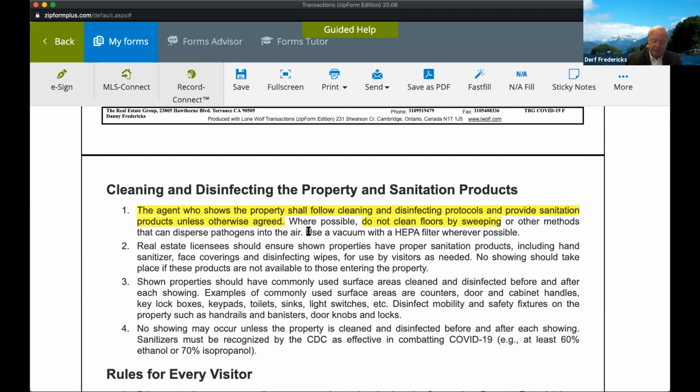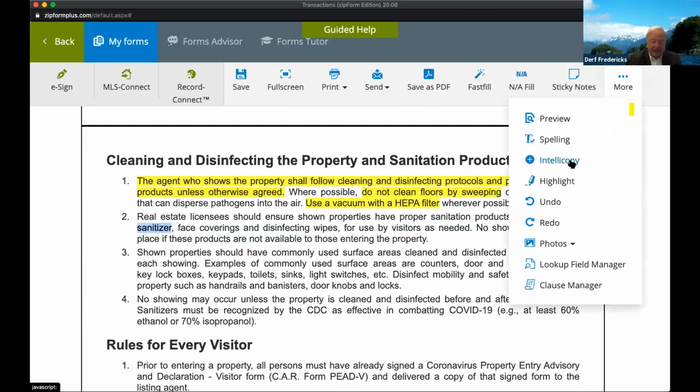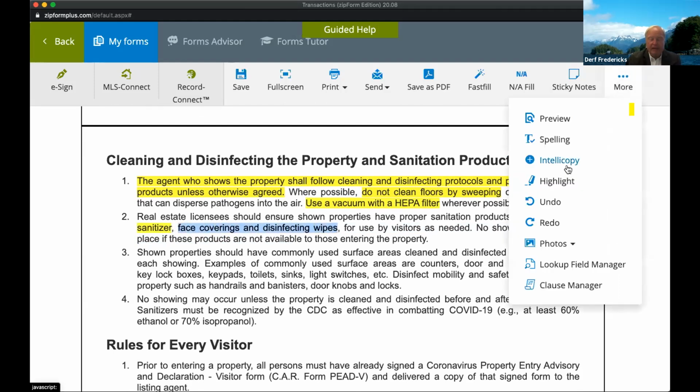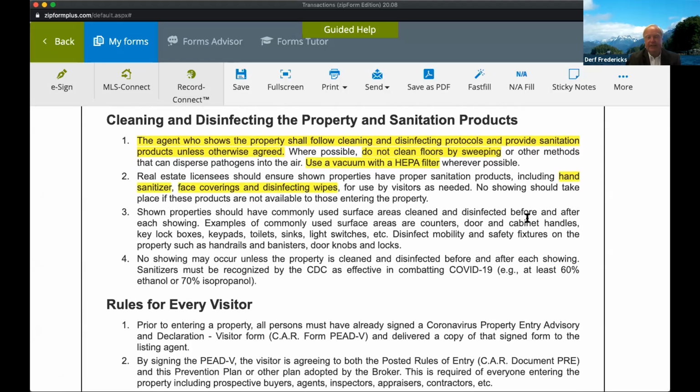Agents should have proper sanitation products. This includes a mask, hand sanitizer, and disinfectant wipes for visitors, and showings should not take place without these sanitation products. No showings may occur unless the commonly used surfaces have been cleaned and disinfected.